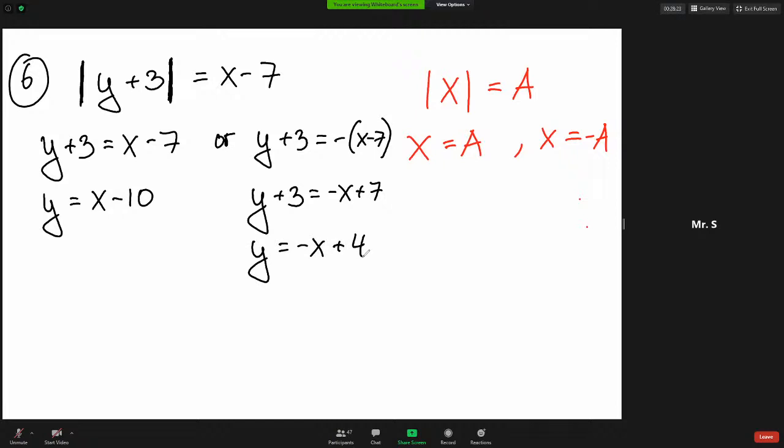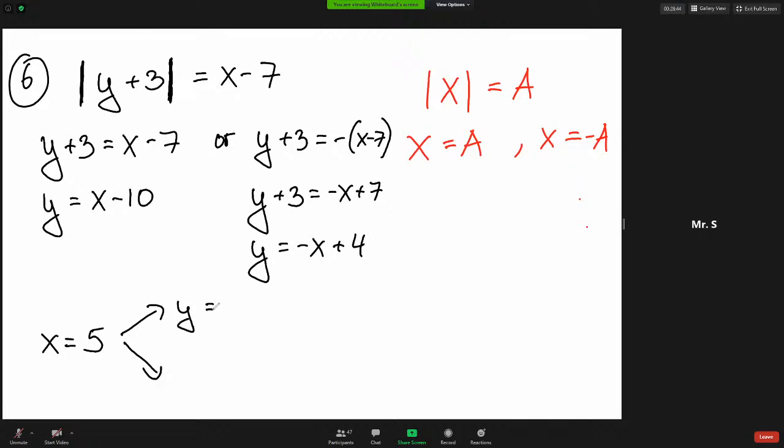So what that means is if I plug in an x, any x really, so let's say I choose x to equal, I don't know, 5 or something like that, then I get two corresponding y values for any x that I choose.